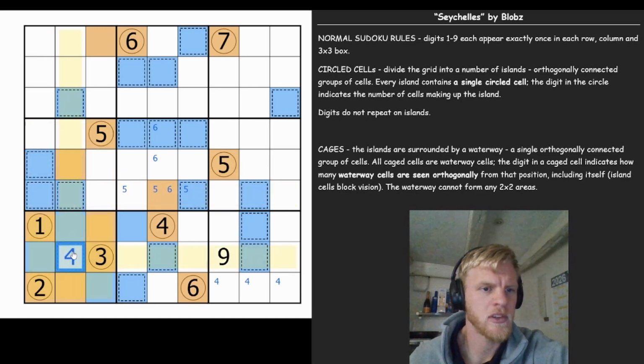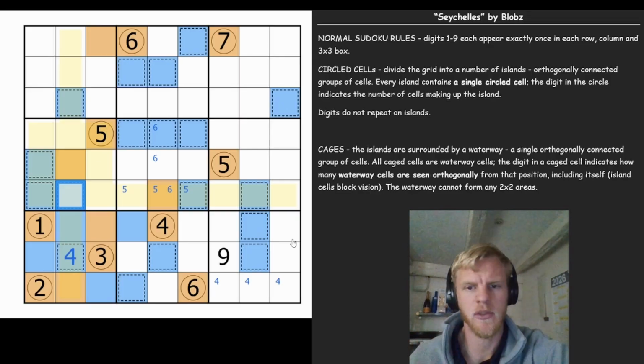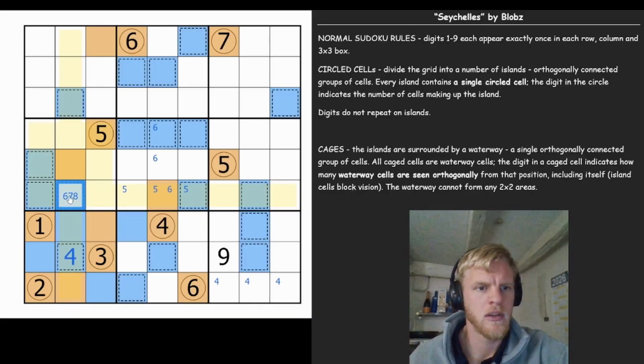So this already sees 4. Can't be a 5, so this is minimum 6, 7, 8. Oh no, can't be 7 and 8 because now this cell blocks it.